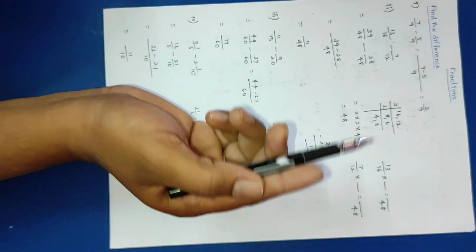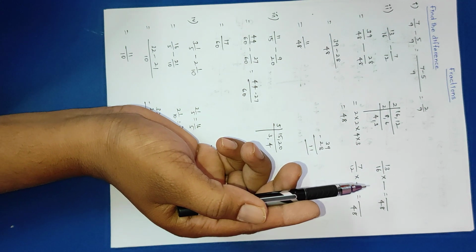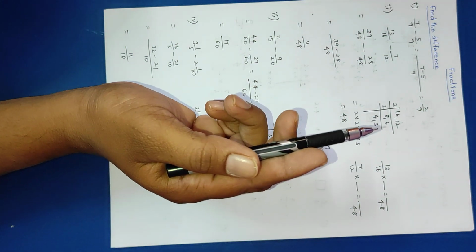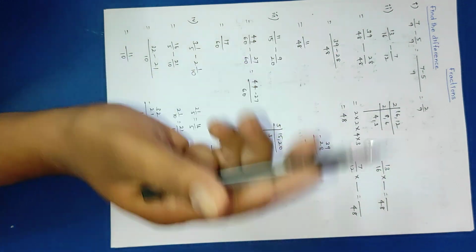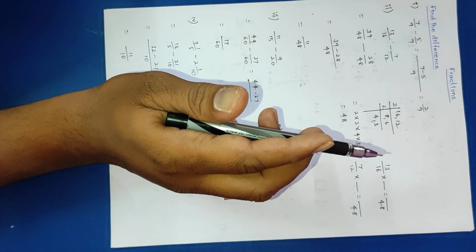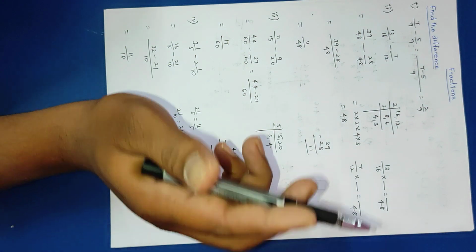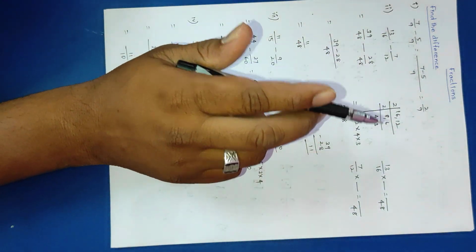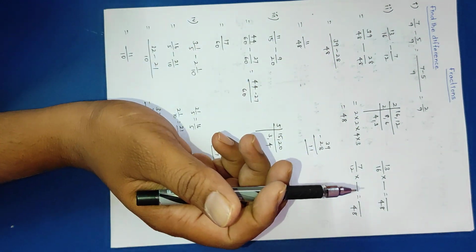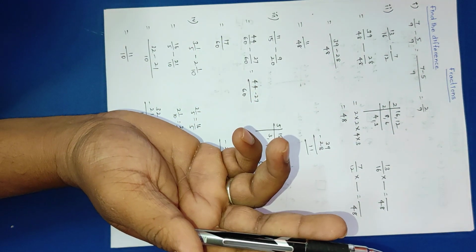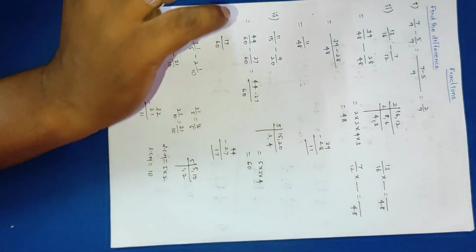If they are like fractions, you directly add or subtract the numerators. If they are unlike fractions, first find the LCM of the denominators, then convert them to equivalent fractions with the LCM as denominator. Then you can add or subtract the numerators.